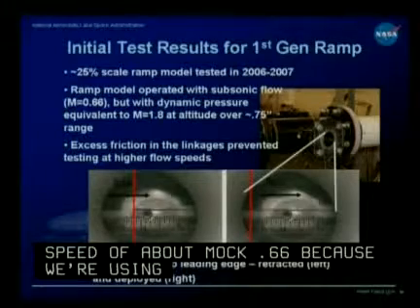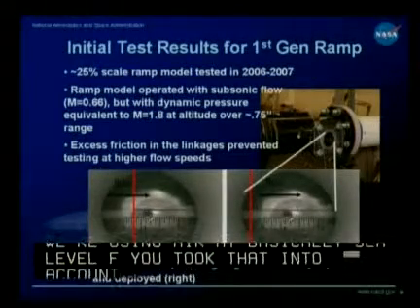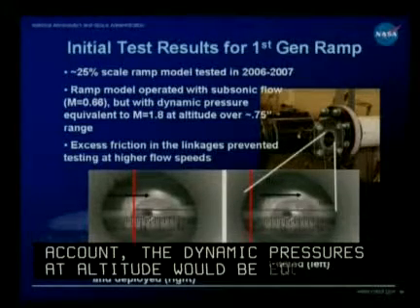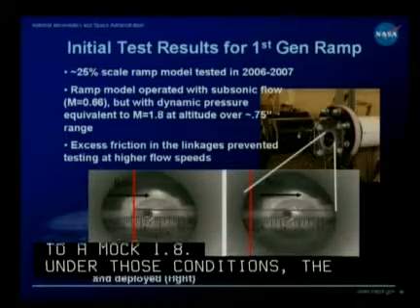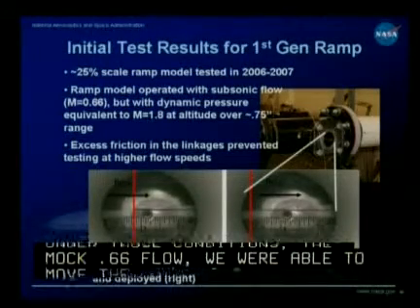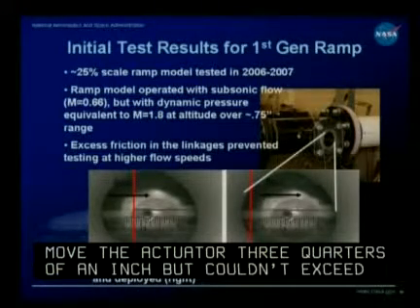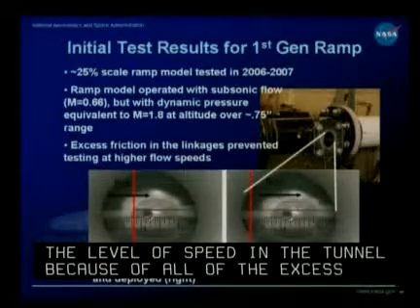If you took that into account, the dynamic pressures at altitude would be equivalent to about Mach 1.8. But under those conditions, the Mach 0.66 flow, we were able to move the actuator about 3/4 of an inch. But we couldn't exceed that level of speed in the tunnel because of all the excess friction in the linkages and that. So what we did was we redesigned the actuator.